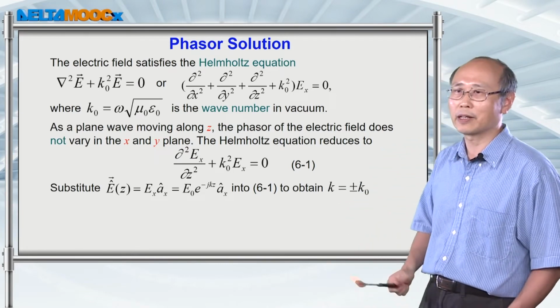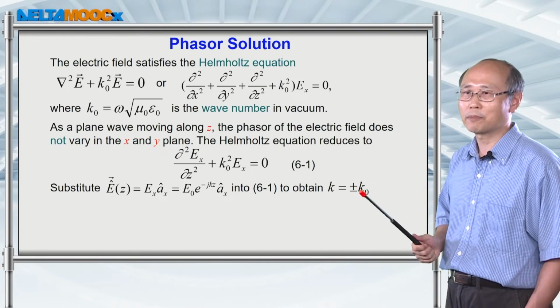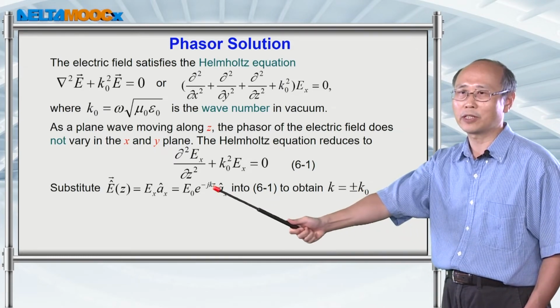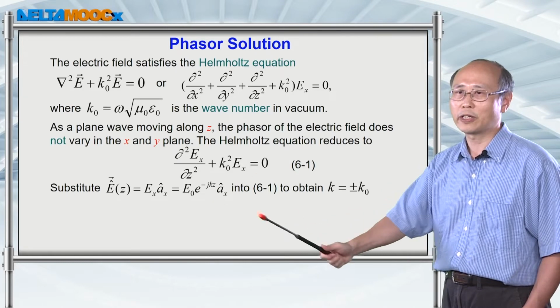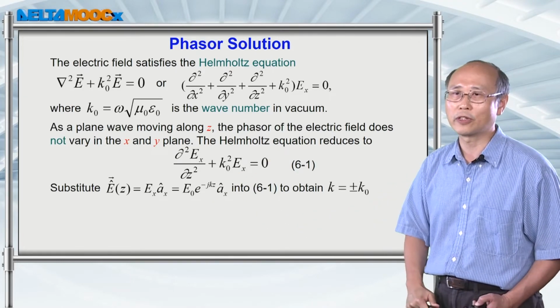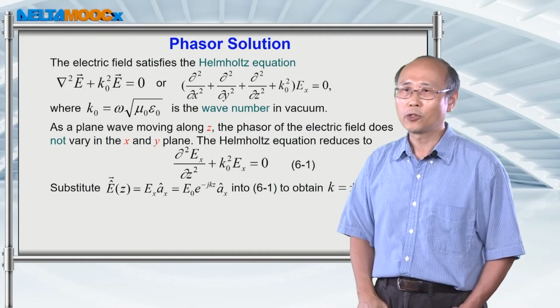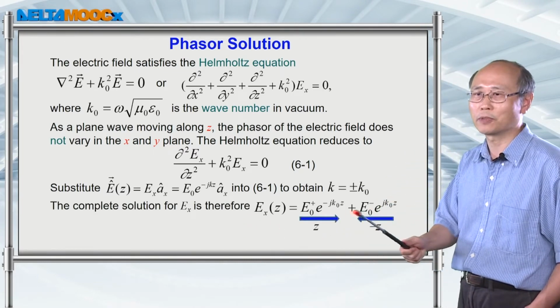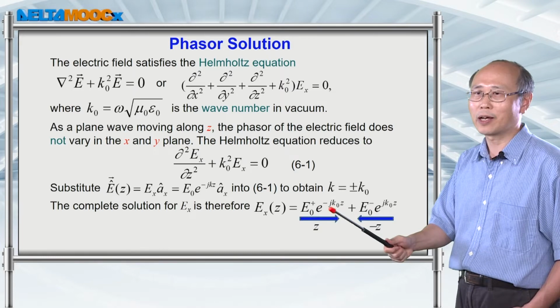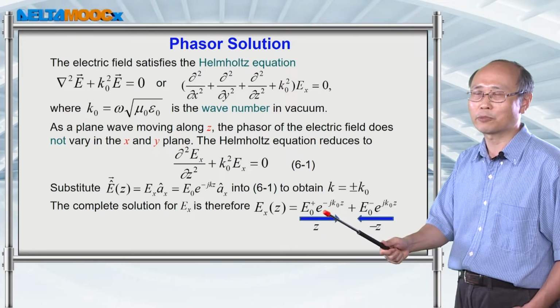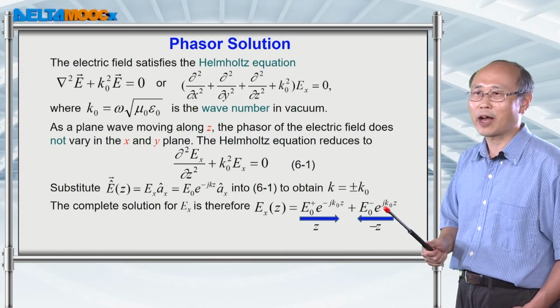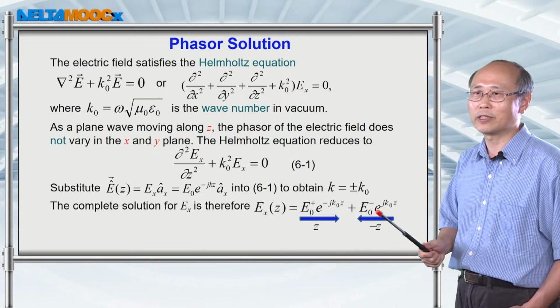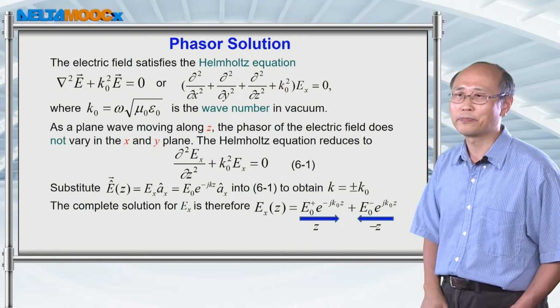So this means that you can put this plus minus k0 into this expression, and this expression is one of the solutions to this Helmholtz equation. So the complete solution is going to be a superposition of these two terms. One with the minus jk0z on this exponential term, and then you have the plus jk0z on the second term.